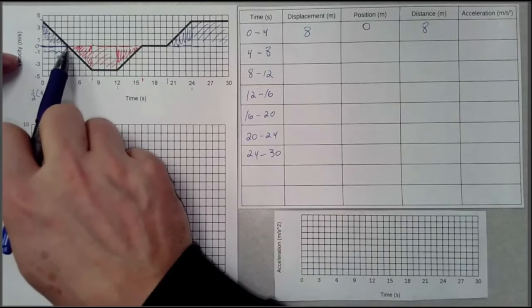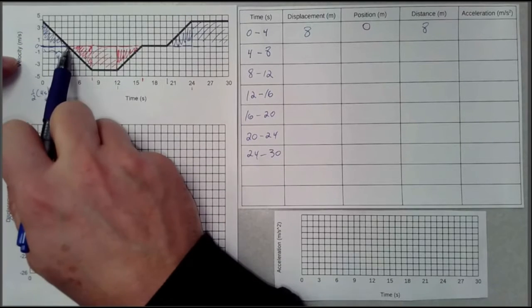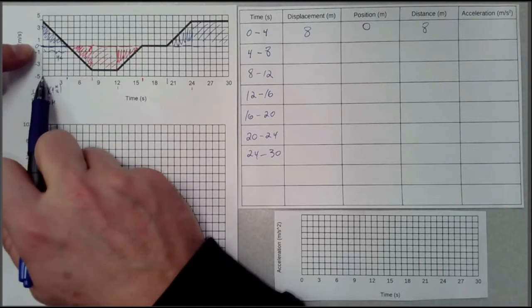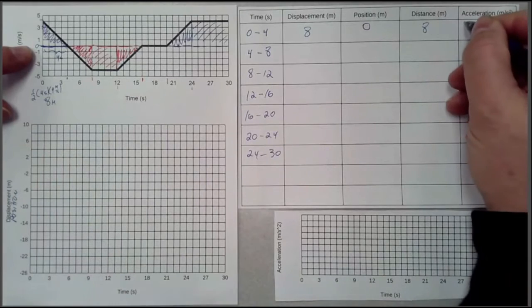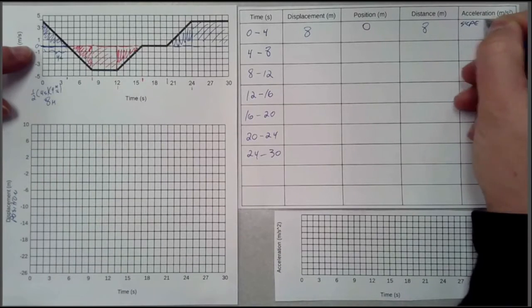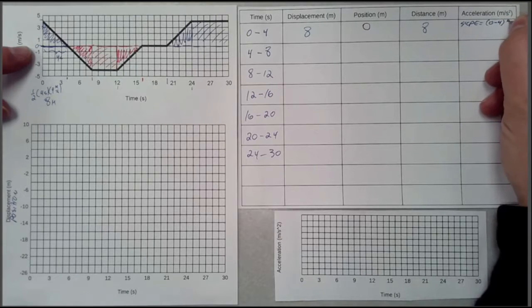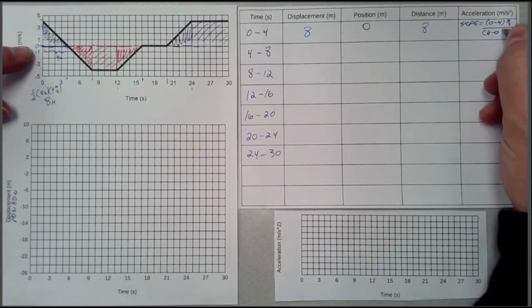Now, if I want to calculate the slope, at 4 seconds it's at 0 meters per second, and at 0 seconds it was at 4. So as far as slope goes, the slope would be 0 minus 4 meters per second divided by 4 seconds minus 0.